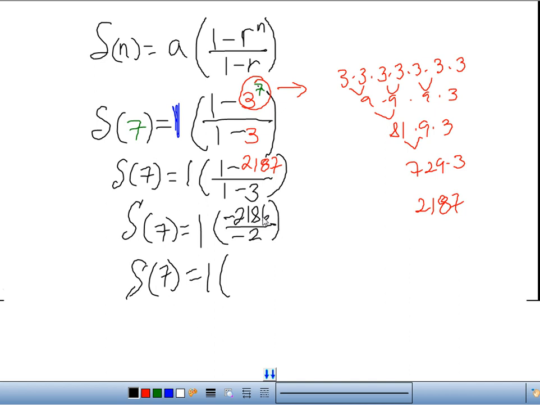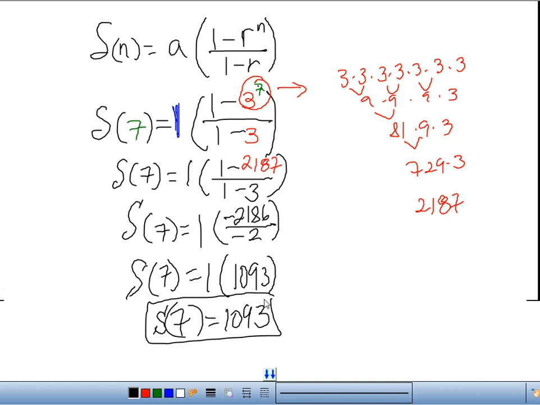So negative divided by negative is positive, and 2 divided by 2 is 1. It doesn't go into 1, that's 0. How about into 18? That's 9, and into 6, that's 3. Therefore, S of 7 equals 1093.